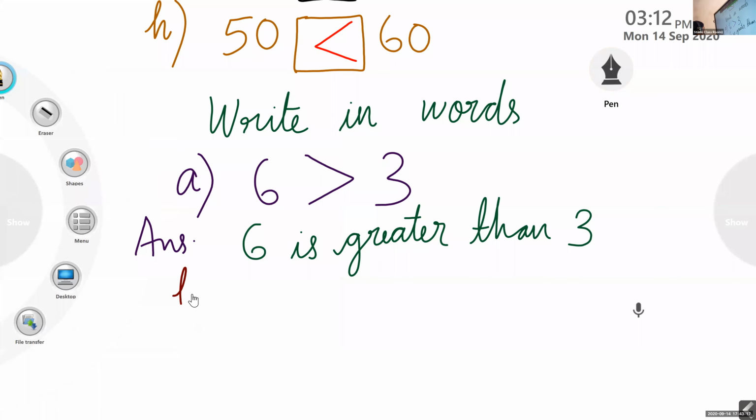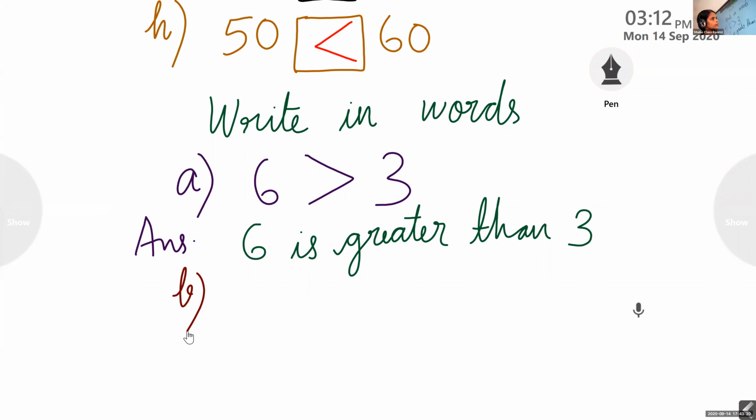And next we have B. 8 and 9. Hala, unmute and tell me the answer. How will we read this? 8 is, is it less than or greater than?